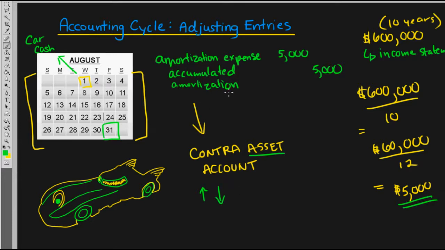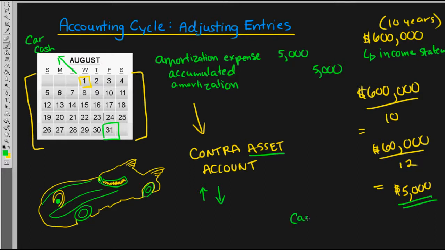So when accumulated amortization, when that account increases, our asset of a car is going to decrease. So remember that the contra asset account always sticks to the asset account.